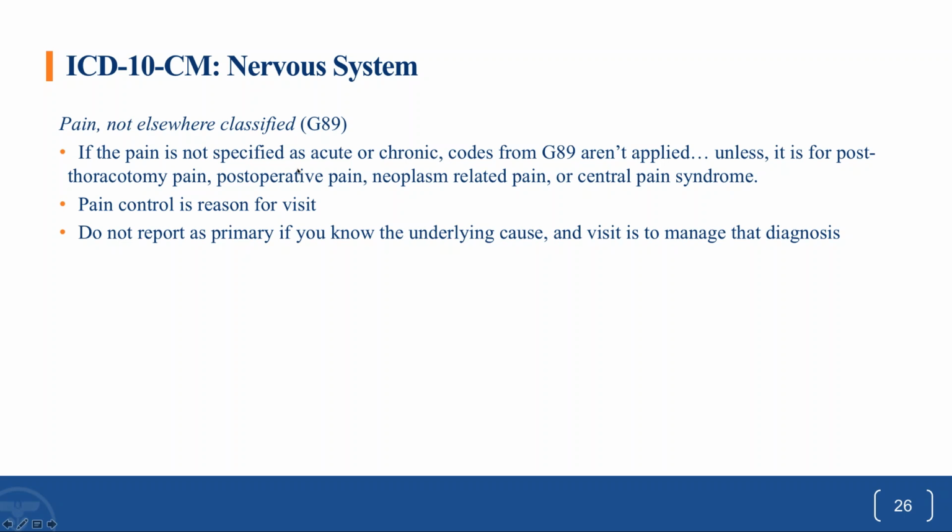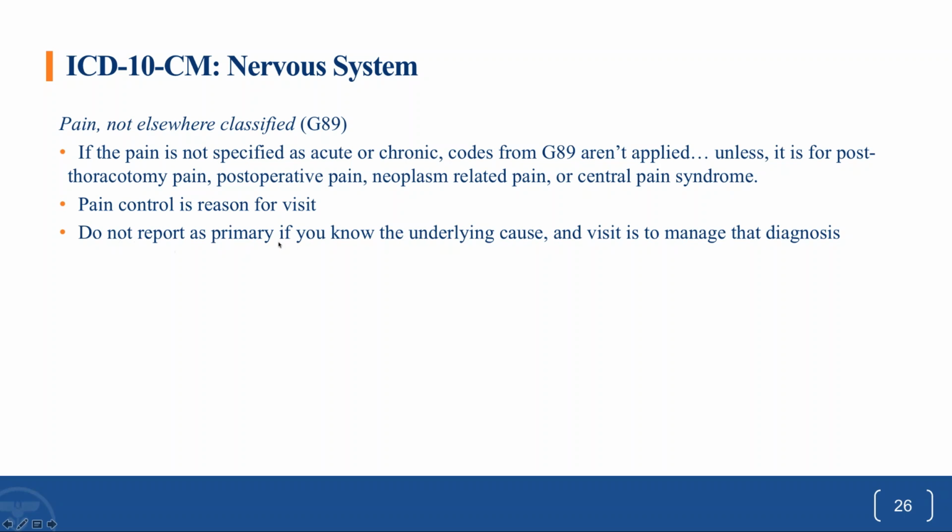Talking about how to code when someone has pain. G89 is the ICD-10 code for pain. This is when pain is the reason for the visit, not just like back pain. Pain control.